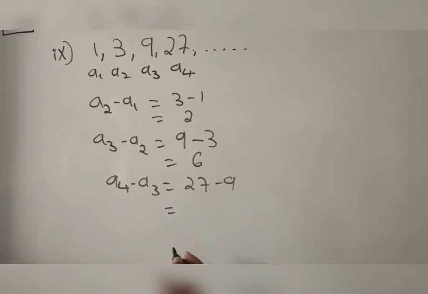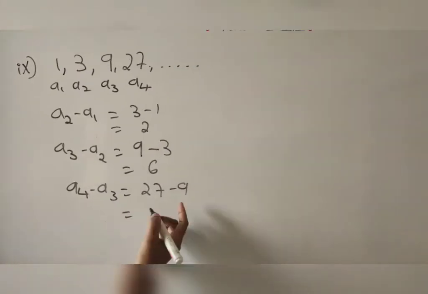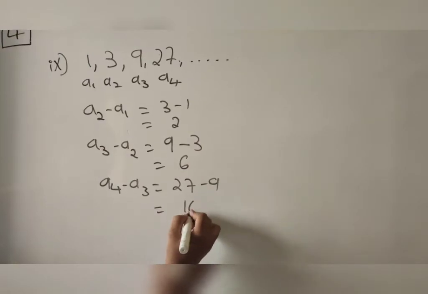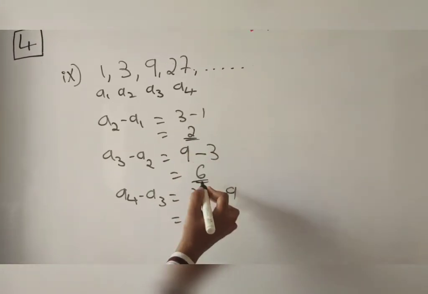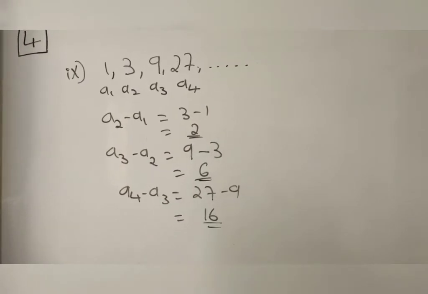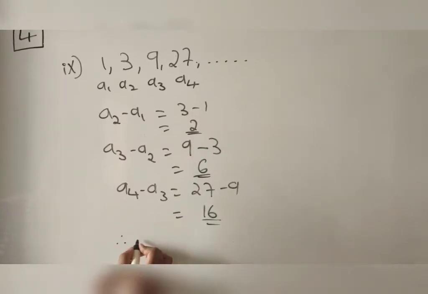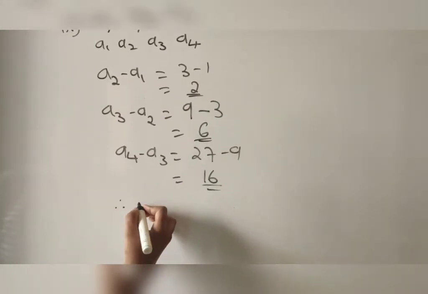27 minus 9 you are getting? How much you will get, students? 18. Here, are the common differences same? See, 2, 6, 18, whether they are same? No, they are not same. Therefore, the common differences are not same.